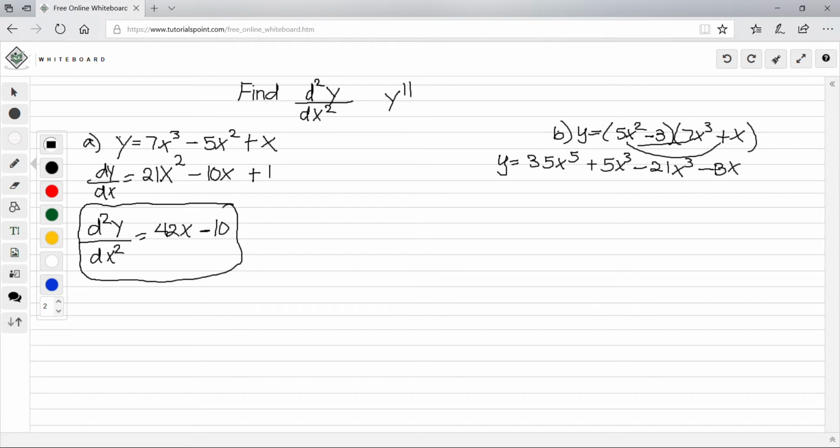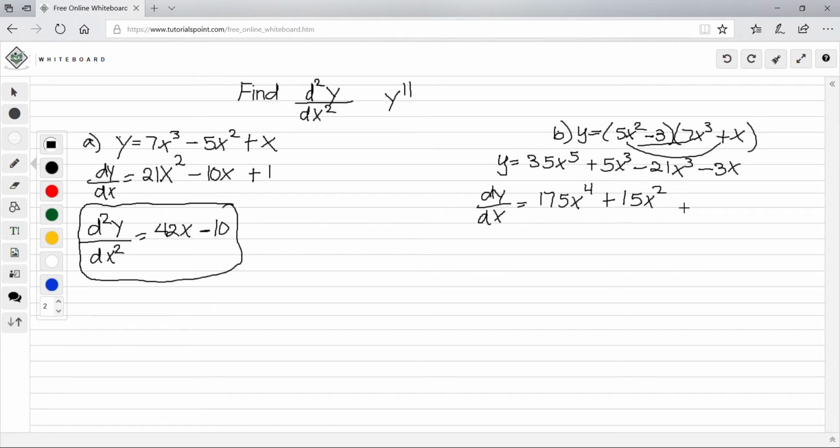Okay, so first I've got to take the first derivative, so dy dx. So 35 times 5 is 175x, and then 5 minus 1 is 4, so that's how you get a fourth power. Plus 5 times 3 is 15, and then 3 minus 1 is 2, so that's how you get a second power.